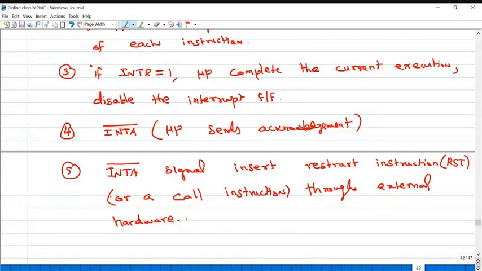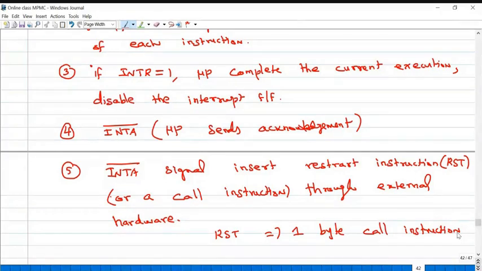This restart instruction is a 1 byte call instruction that transfers the program control to a specific memory location.